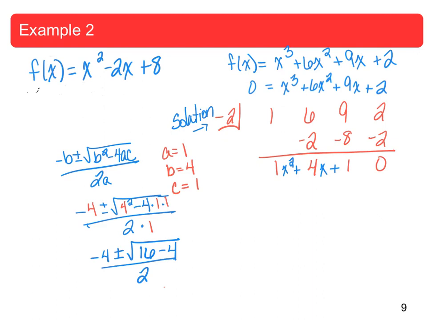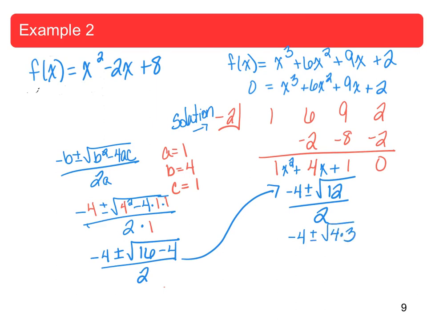So now I have negative 4 plus or minus the square root of 12. 12 has a perfect square factor. What's the perfect square factor? 4. So that's 4 times 3. So I have negative 4 plus or minus 2 times the square root of 3, over 2.